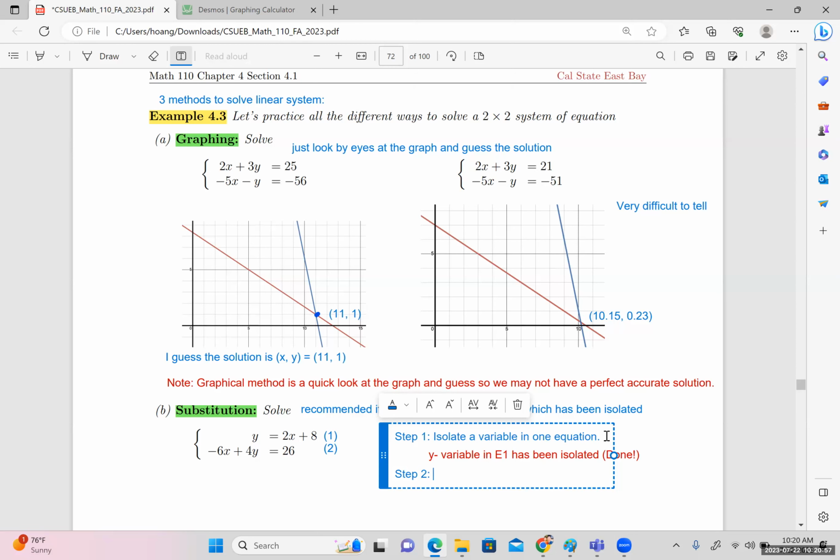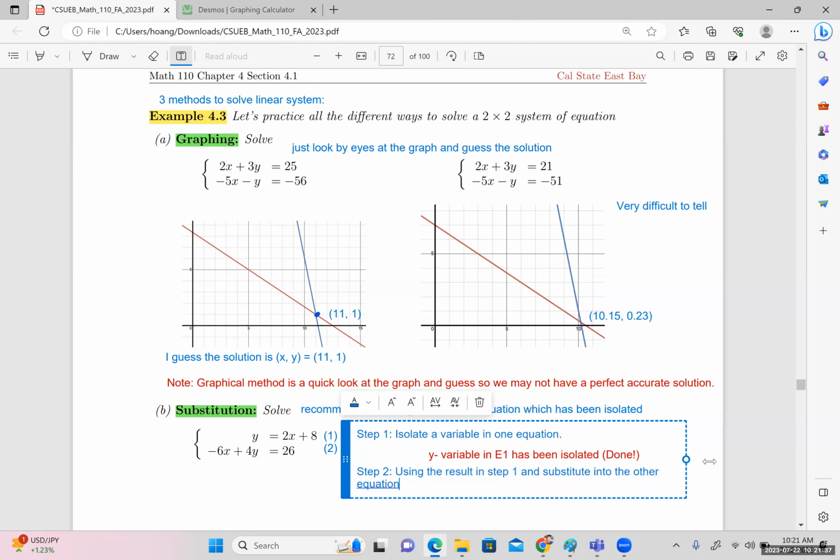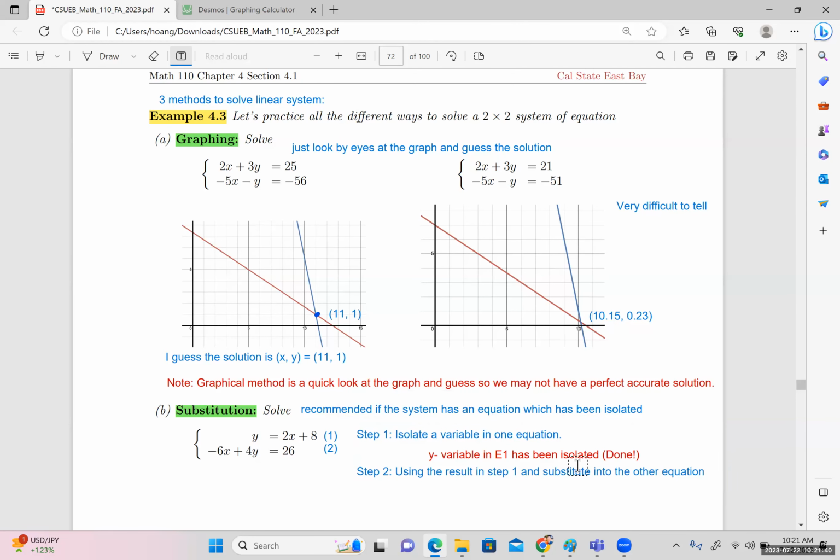Step 2, I'm going to say: using the expression of the result in step 1, substitute into the other equation. Let me move this. Okay.